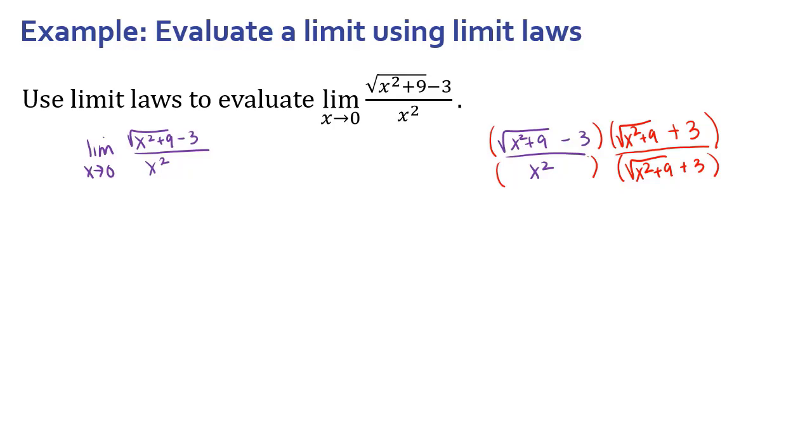Okay, so when we do this, when I multiply those two together, it's going to undo that square root. So we're just left with x squared plus 9.